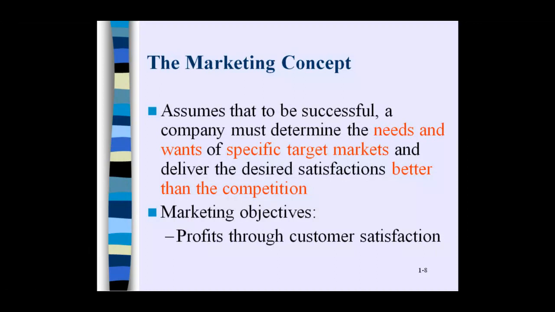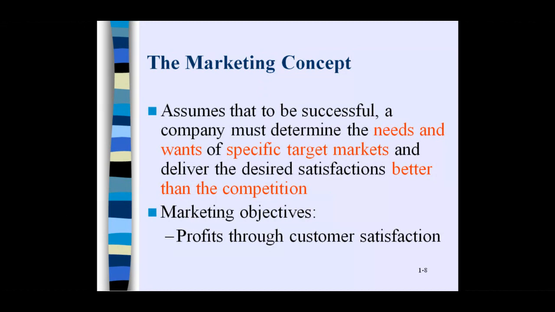While the other three concepts were talking about the company, the marketing concept talks about the consumers. For it, the consumers come first, the company comes second. The other three, which we discussed earlier, production, product, and selling concepts, were basically introverted.